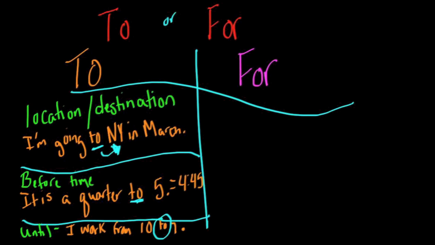So let's take a look at for now. For, the first one that we're going to take a look at is for movement. Movement towards a location. This is the reason why there's difficulties, because there's some similar uses, but a movement towards the location.